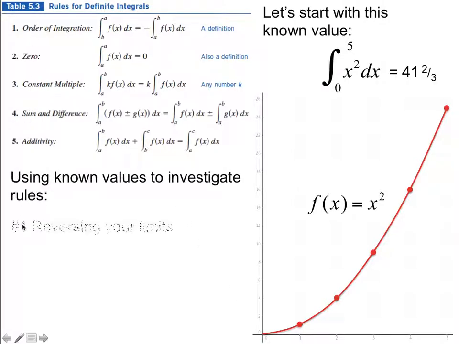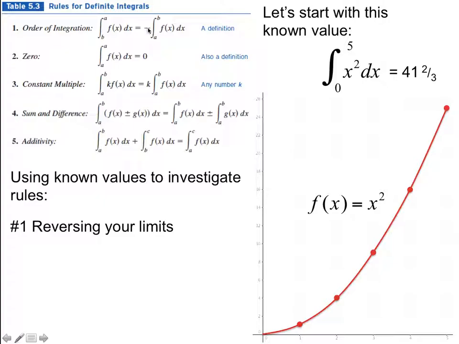For instance, property 1 says reverse your limits. Notice what property 1 says here: the order of integration, lower bound B, upper bound A. In this display I swapped them, so now I have A and B. When I swap them, that's like sweeping from the right to the left on the graph.